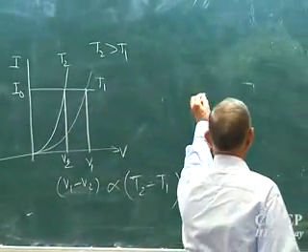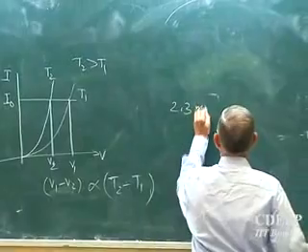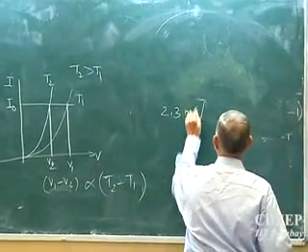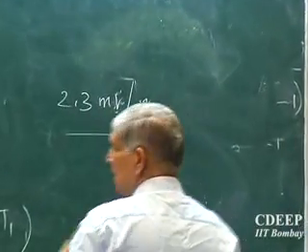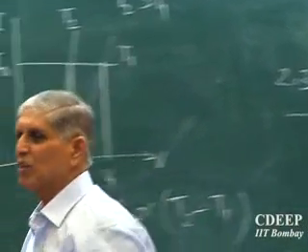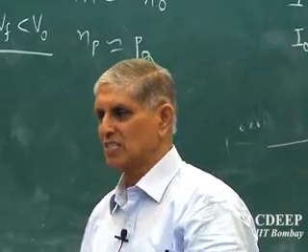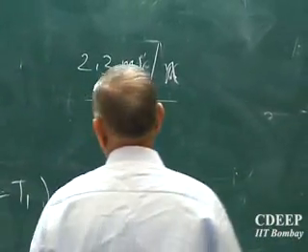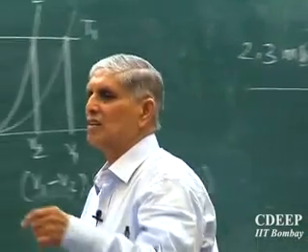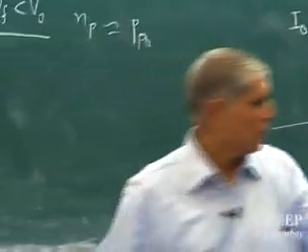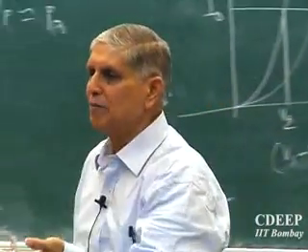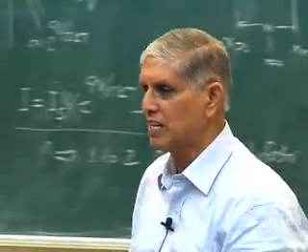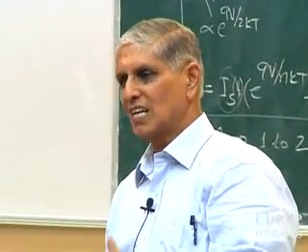Typically 2.3 millivolt per degree is some change one can observe in the device. This is typical and not necessarily true for all devices. So I can figure out, at a given temperature, per degree, how much the voltage should have shifted. I know very well. Is that clear to you?